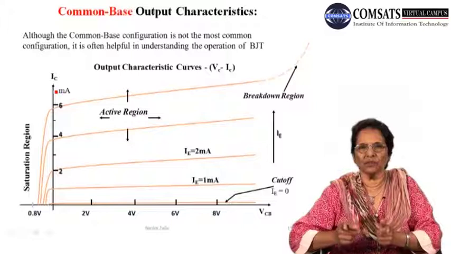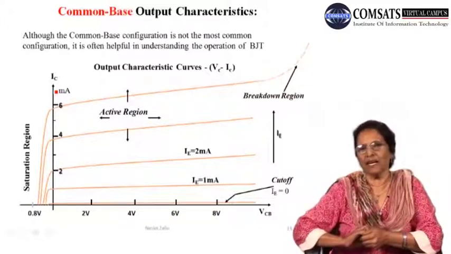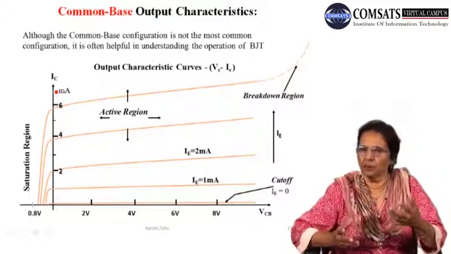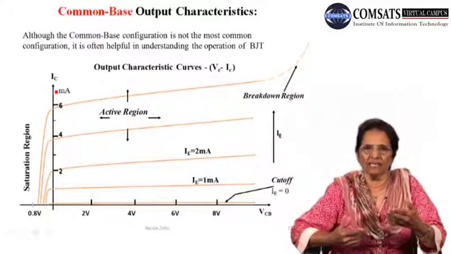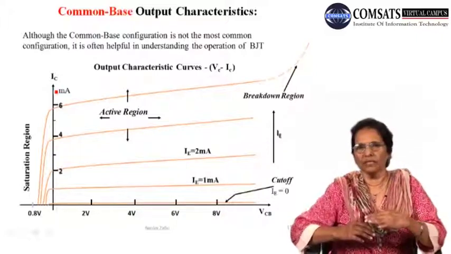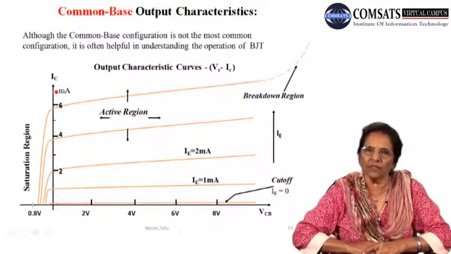Now what is the difference between slide 11 and slide 15? Because there I had assumed as if the output characteristic were drawn for a nearly ideal transistor in which the output curves for a given fixed value of the base current remain fixed.